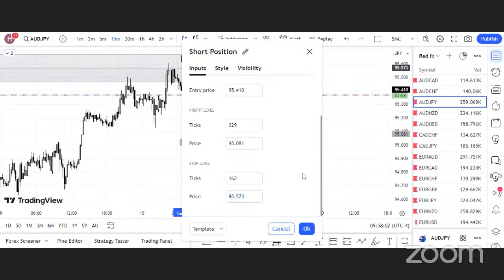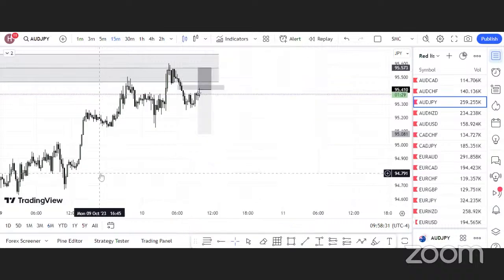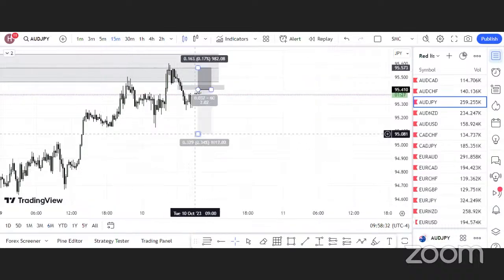Okay. So SL is 95.573. That's the SL, stop loss.